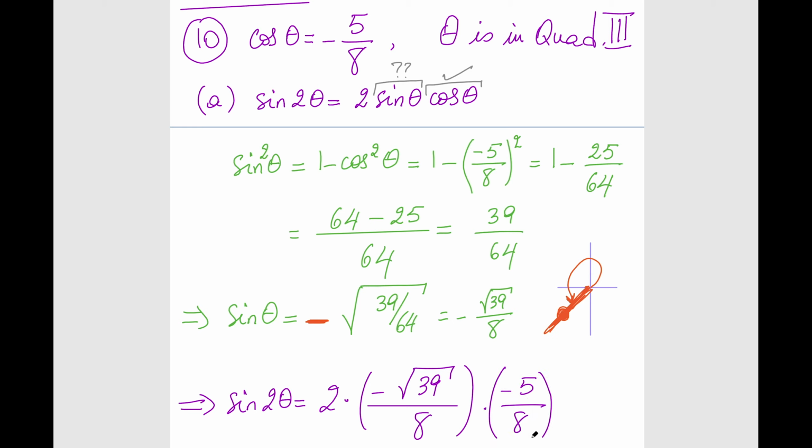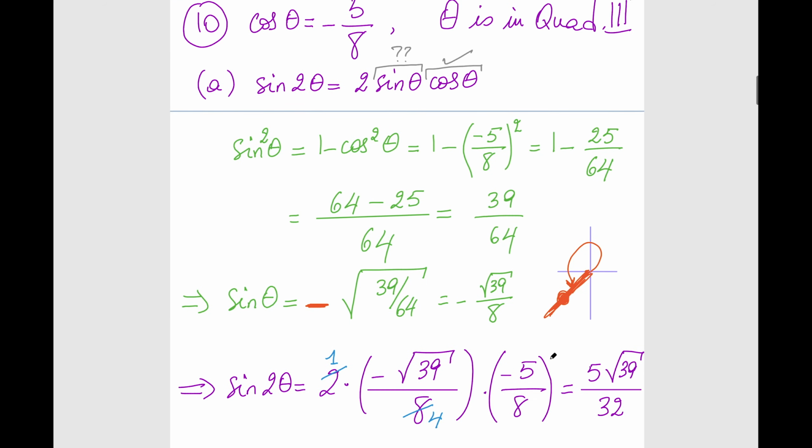We can simplify by 2, which gives 1 and 4, so downstairs we get 8 times 4, which is 32. Upstairs we get negative times negative, which is plus, so we get 5 square root of 39. So this is sine of 2 theta.